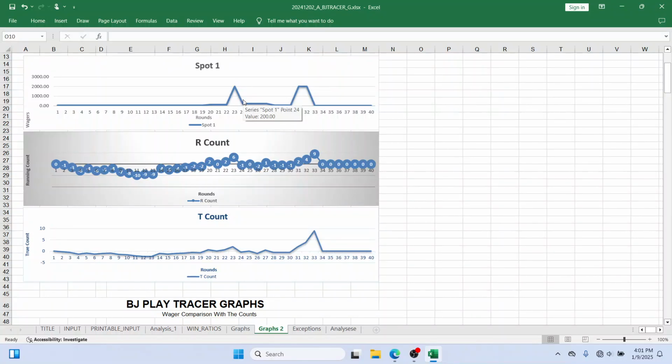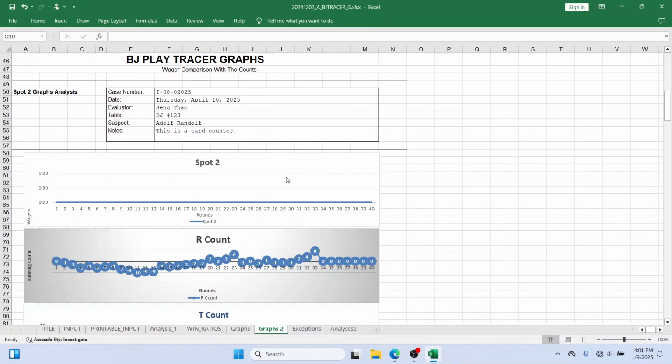That's called betting correlation. I designed that module and explained it in one of the advanced blackjack training software.